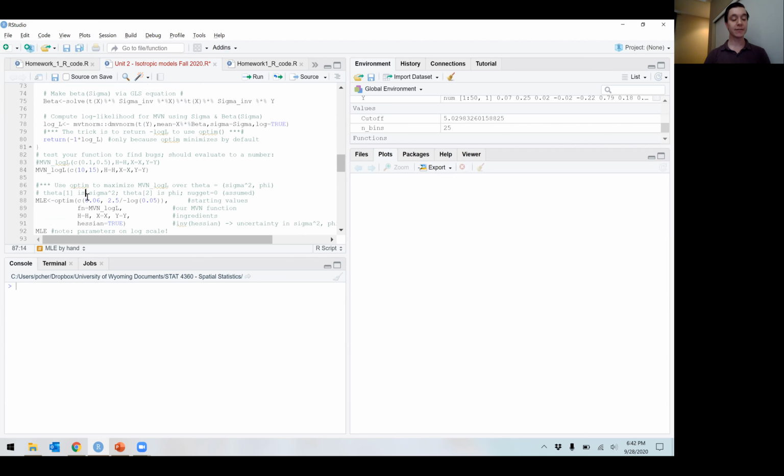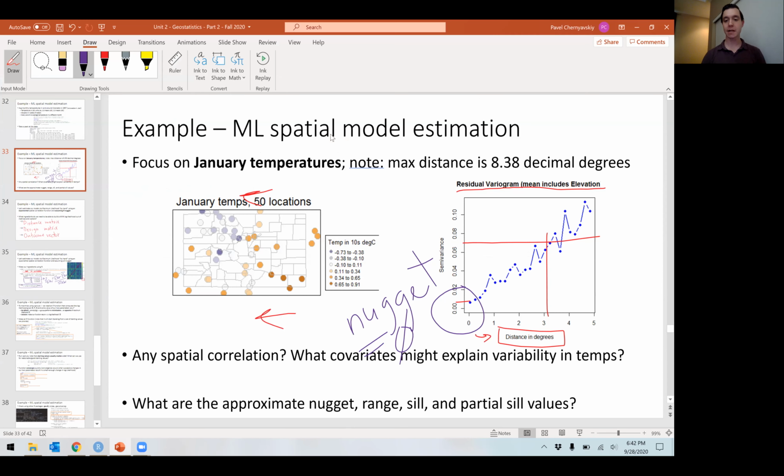We need to now give starting values for my partial sill and my range parameter, assuming the nugget is 0. I'll go back here. Assuming the nugget is 0, it looks like my alpha squared is about equal to 0.06. And my range is about, I don't know, somewhere in between 2.5 and 3.